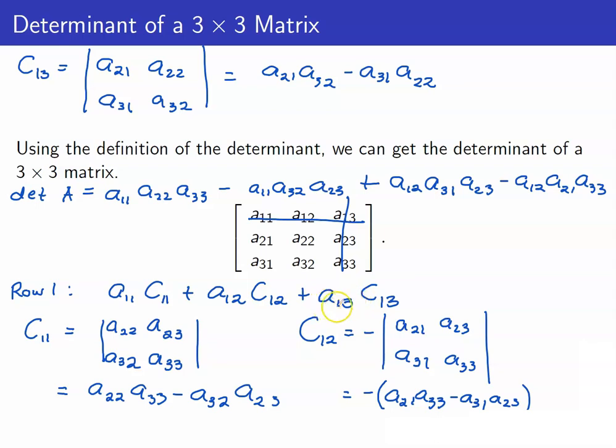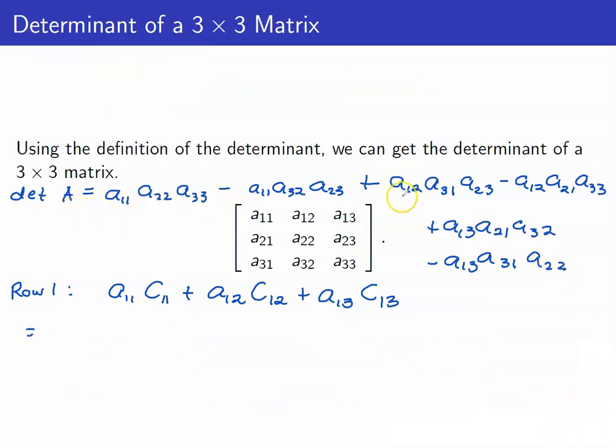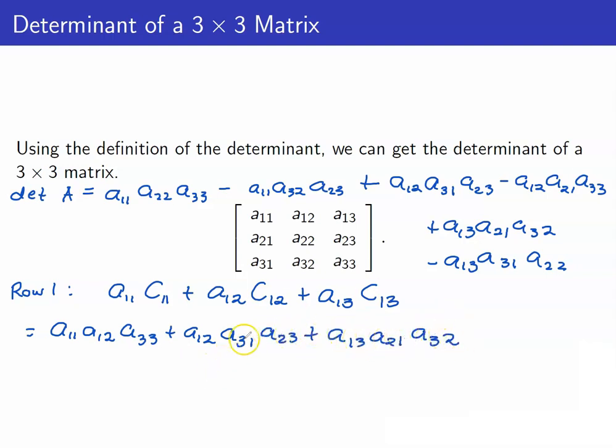And lastly, A13 times this one. A13, A21, A32 minus A13, A31, A22. I will now group all the terms containing the pluses here, and all the terms containing minuses.